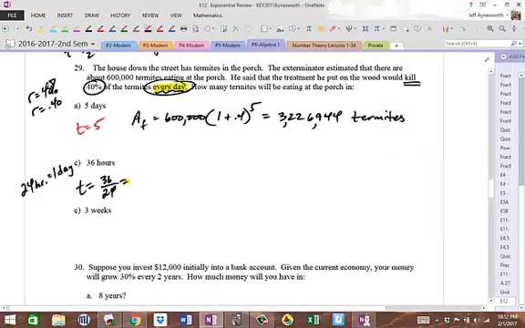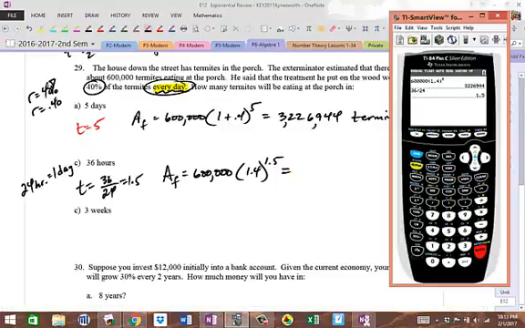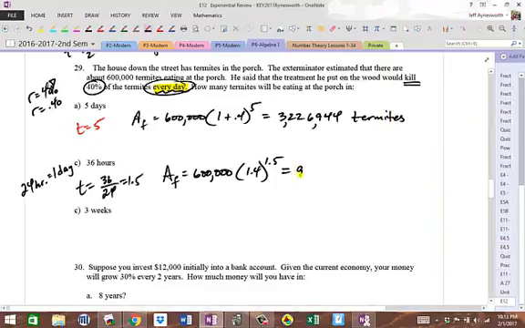So your future amount looks like 600,000 termites times 1.4 raised to the 1.5 power. Let's enter that in. Double check everything. All right, and so here we have 993,901 termites.